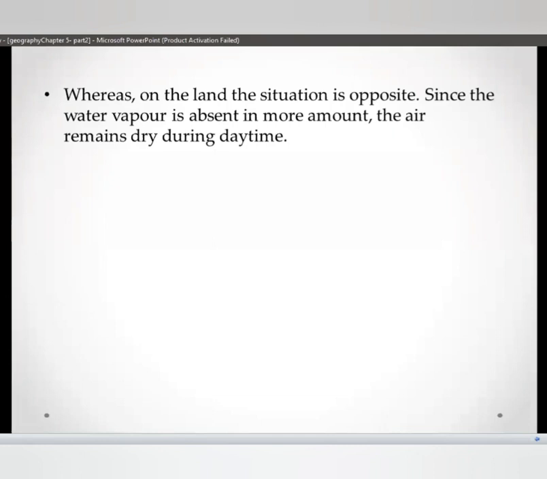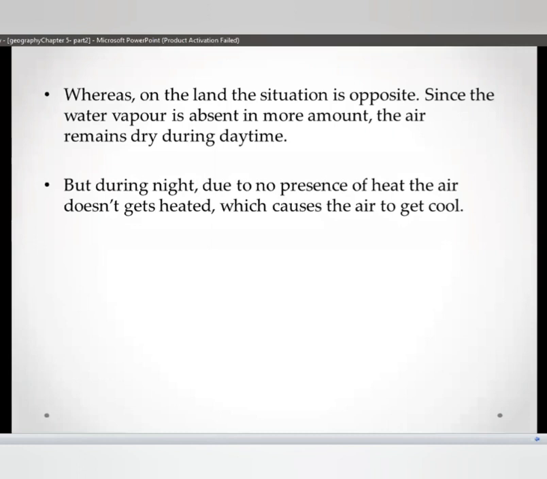But during night, due to no presence of heat, the air doesn't get heated, which causes the air to get cool. I repeat the statement.